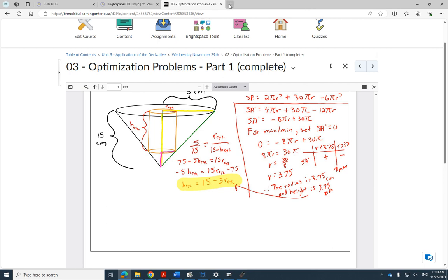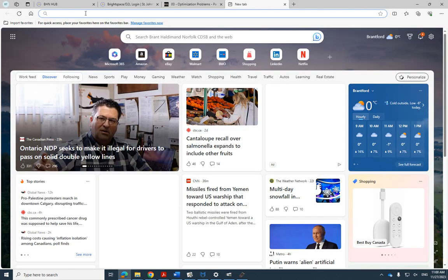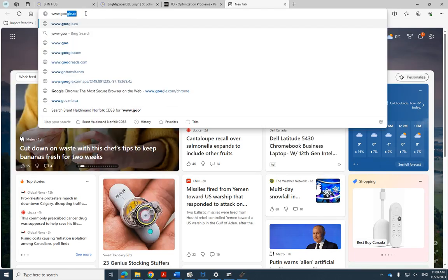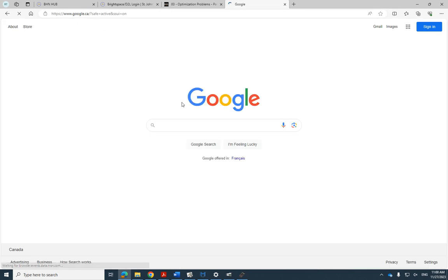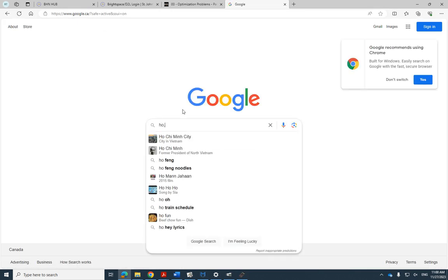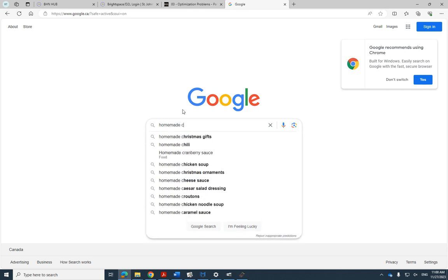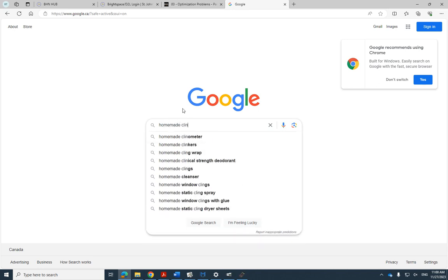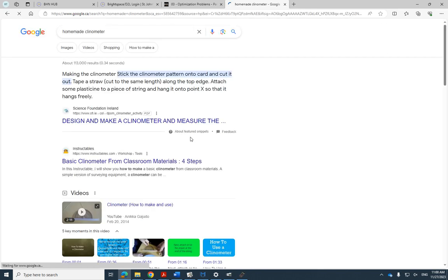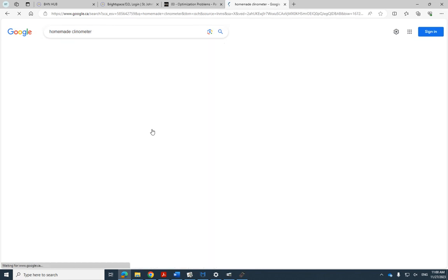I'm going to type in here what a homemade clinometer looks like. I don't know exactly what it's going to show here, but I want to show you that it's a pretty simple little thing that you could use to measure angles.